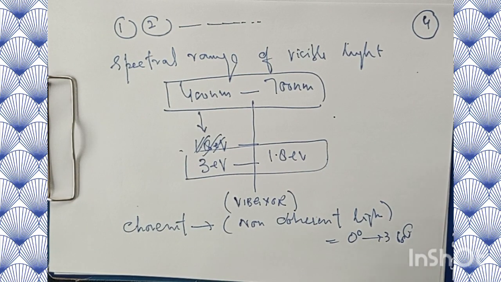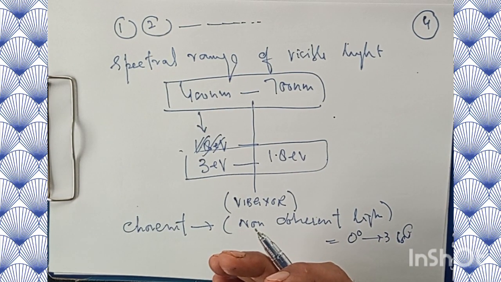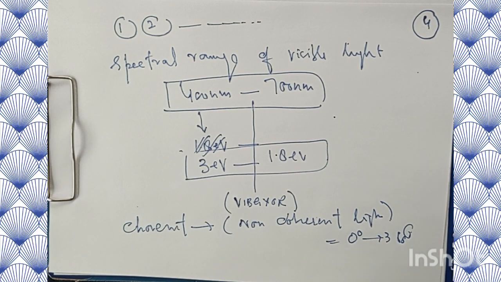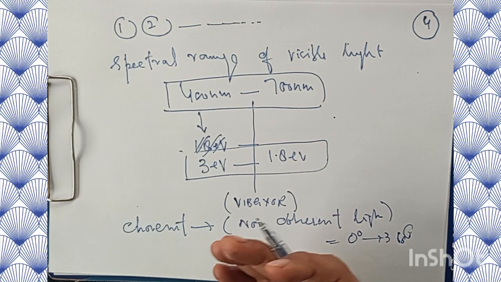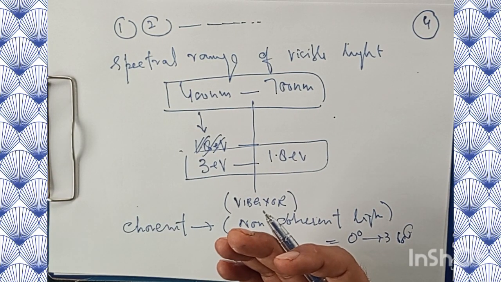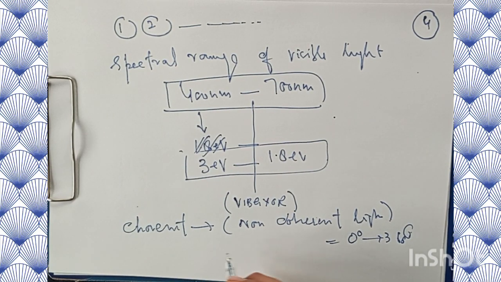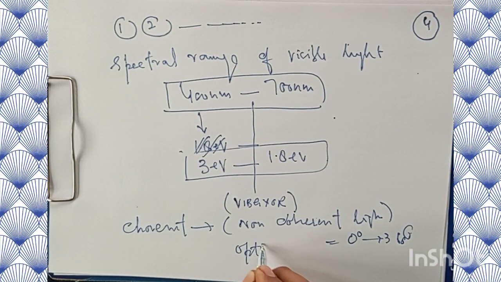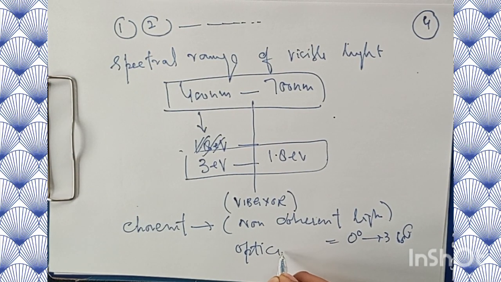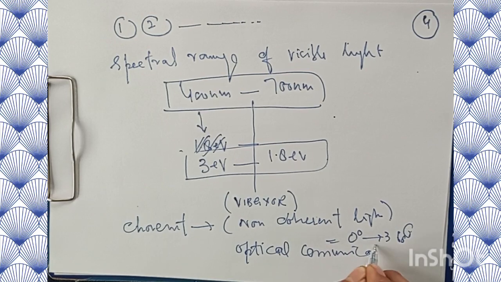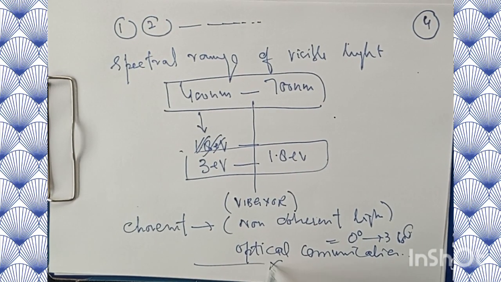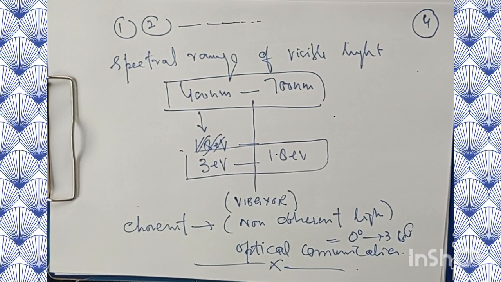These are widely used in CD players and even in laser printers and remote control devices. Now, these days, these are commonly used in optical communication. Okay, with this, I would like to end this talk on light emitting diodes.